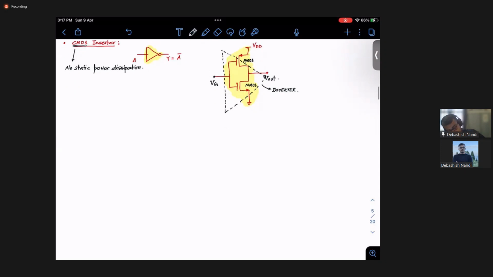So your NAND and NOR gates can be made using these simple PMOS and NMOS blocks, right? Or I would rather say pull up network and pull down network.